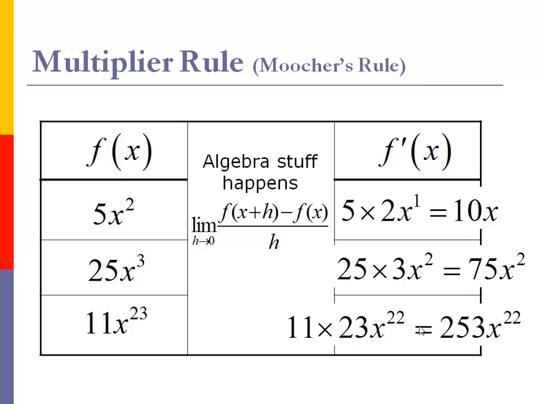So the question here is, what happens to the 5, the 25 and the 11 when we do the derivative and it's a coefficient? Do these things go away? Are they changed in any way? What we find out is that when we do the derivative, the coefficients come along for the ride. That's why I call it the moocher's rule, because when we do the derivative, they come along for the ride.